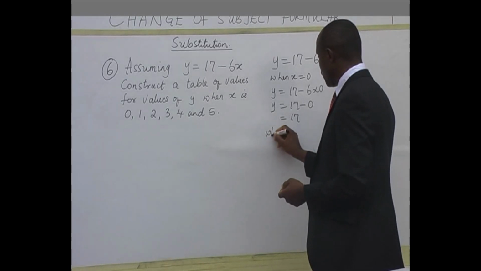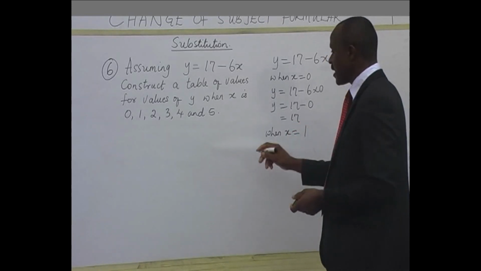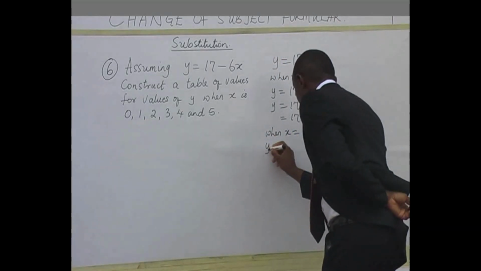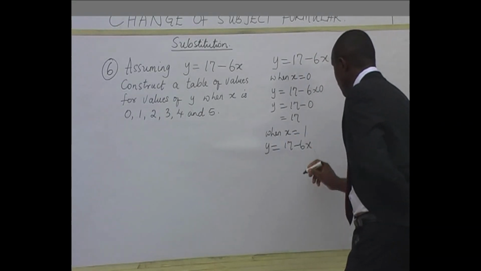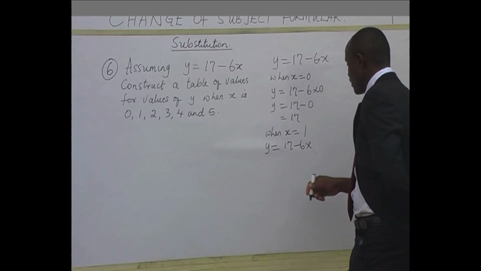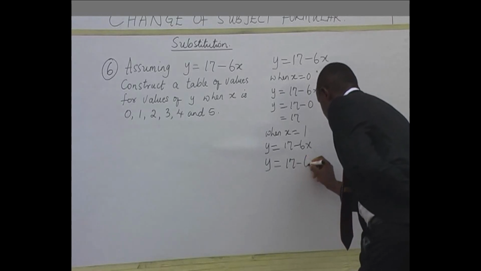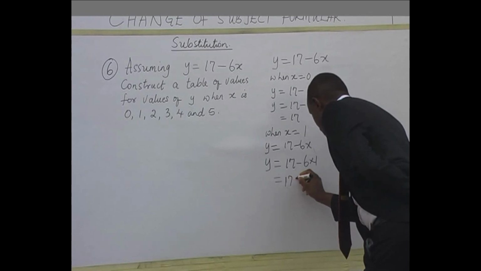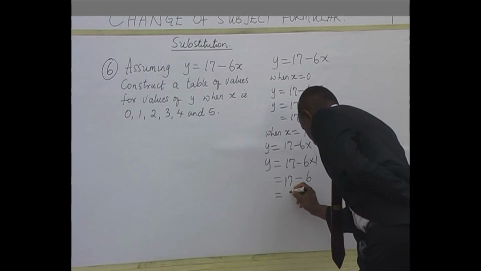Second one, when x is equal to 1, from y is equal to 17 minus 6x, put 1 wherever you see x. So you're going to have y is equal to 17 minus 6 times 1. 6 times 1 is 6, and 17 minus 6 will leave you with 11.